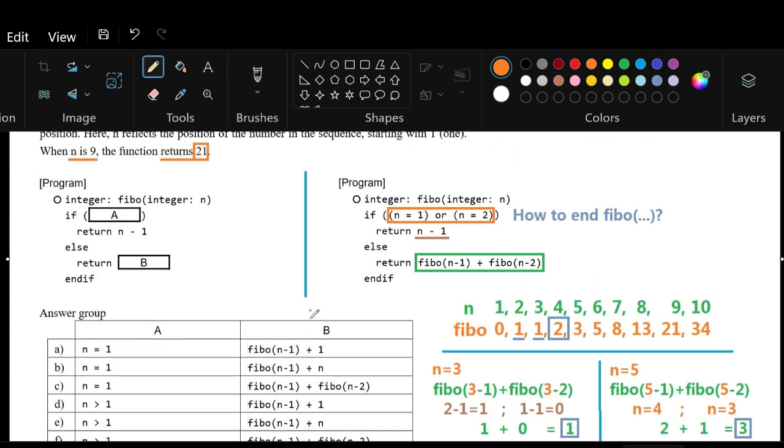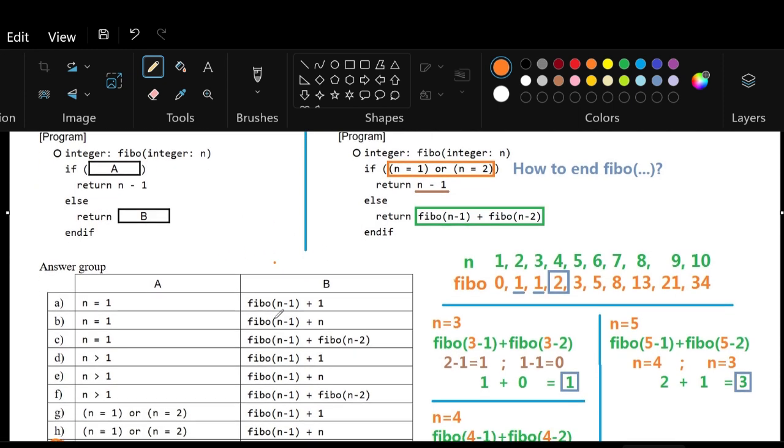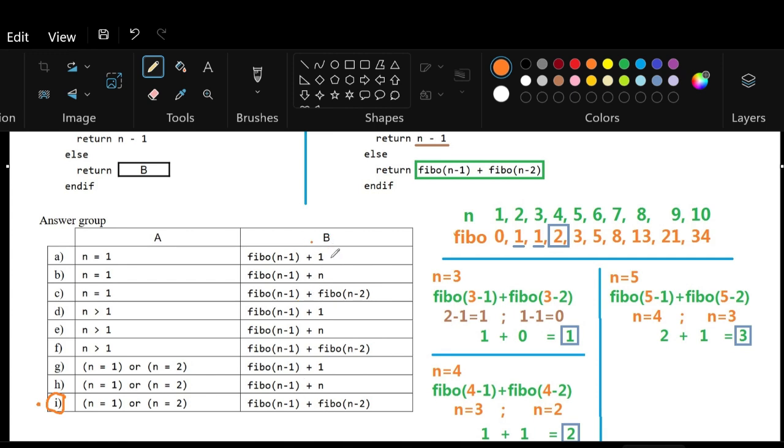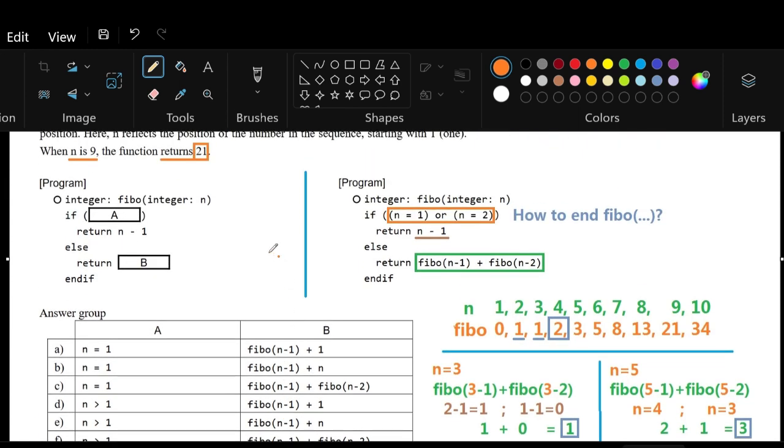Now, the first thing that I needed to know was, if we are going to do this function Fibo, based on the choices that we got here, we have to call it over and over again. The next thing that we need to do is to find out how we can end the continuous calling of the function Fibo.